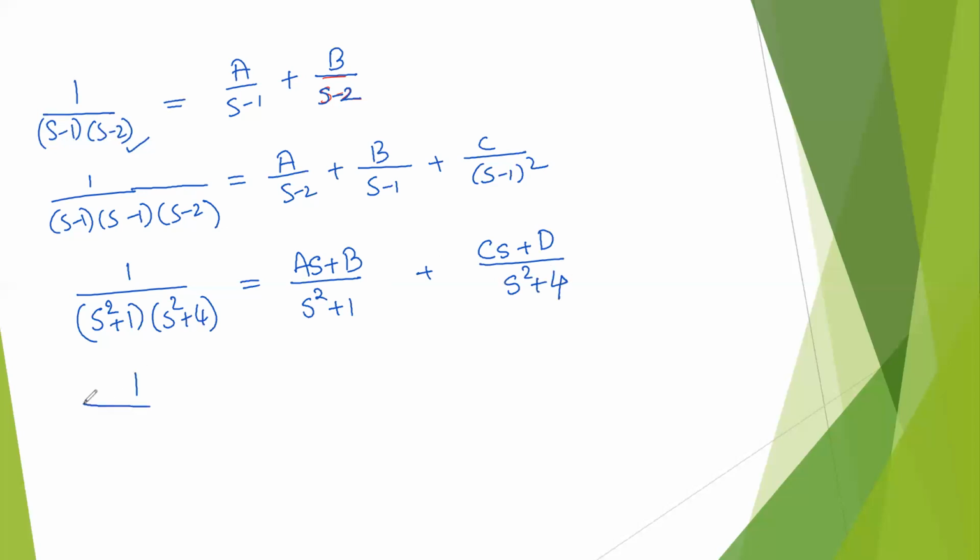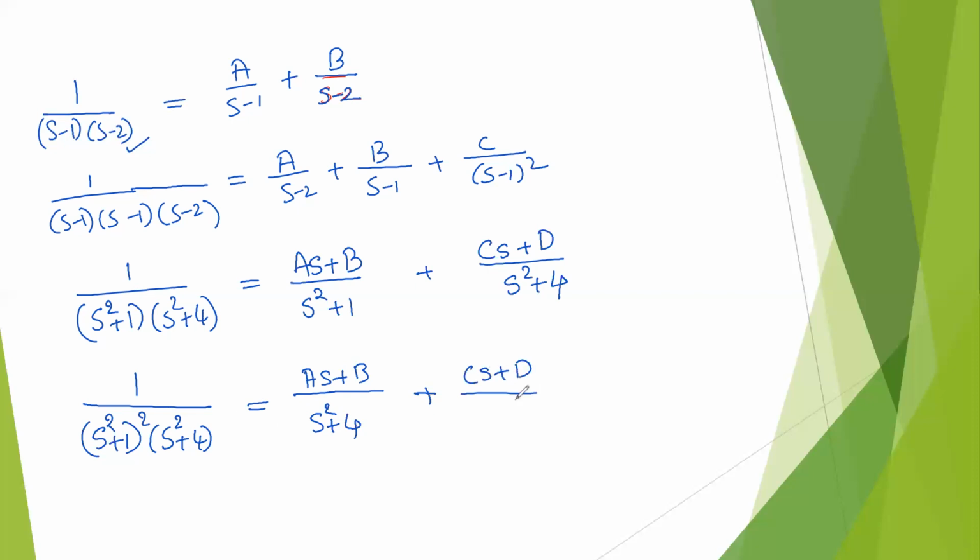Here also we can have a repetition in the quadratic factors. Then how do we write it? s square plus 1 whole square into s square plus 4. Here s square plus 4 occurs only once, so we write As plus B divided by s square plus 4, plus the next one, Cs plus D divided by s square plus 1.